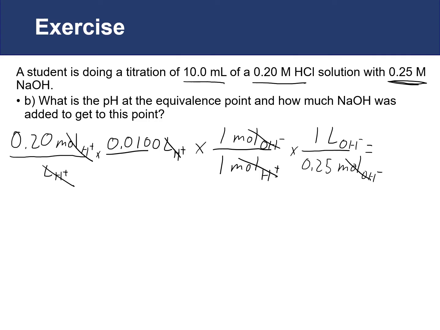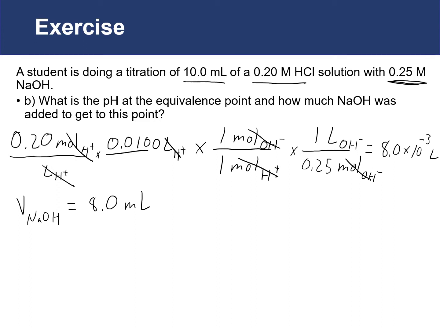You'll find that this comes out to be 8.0 times 10 to the negative third liters. So the volume of NaOH that we need is 8.0 times 10 to the negative third liters, or 8.0 milliliters. Now, for a strong acid, strong base titration, the equivalence point pH is exceptionally easy to figure out.